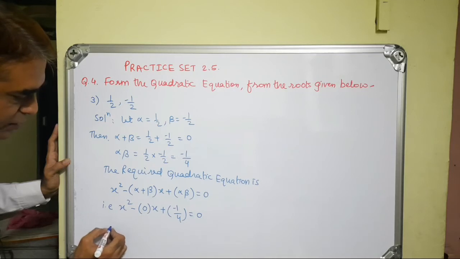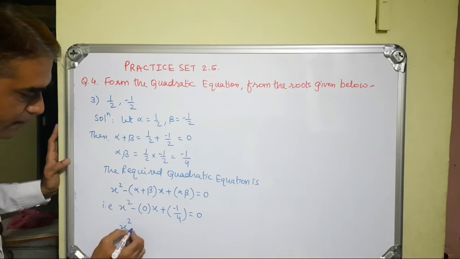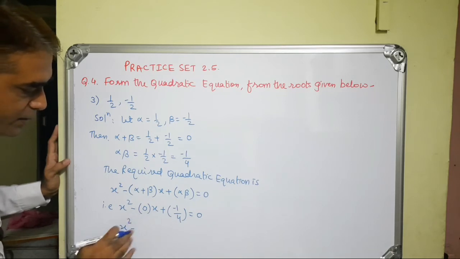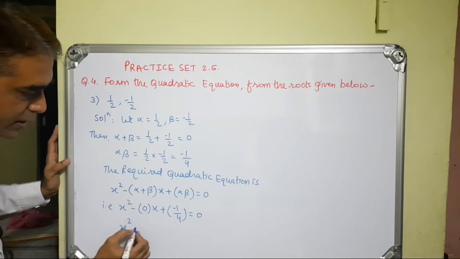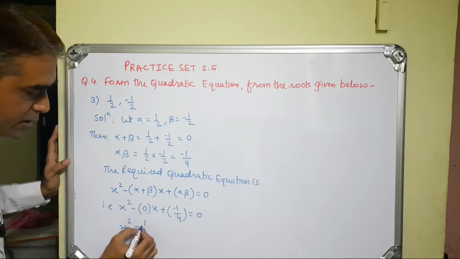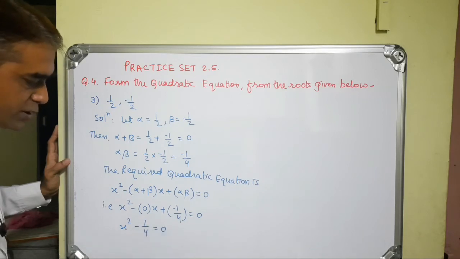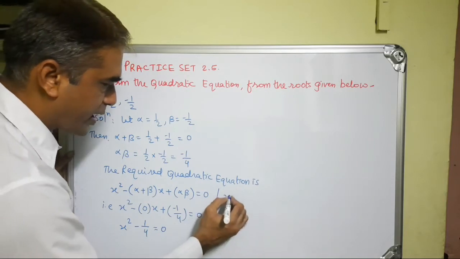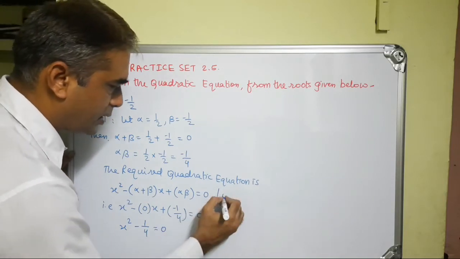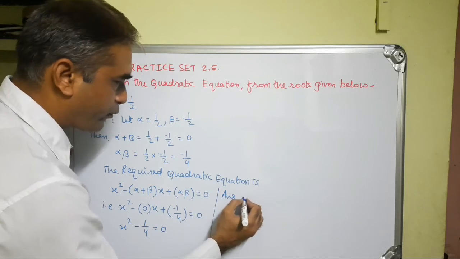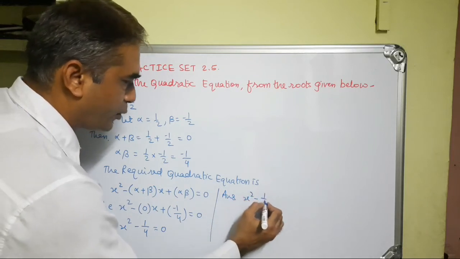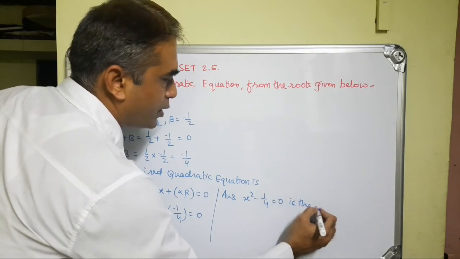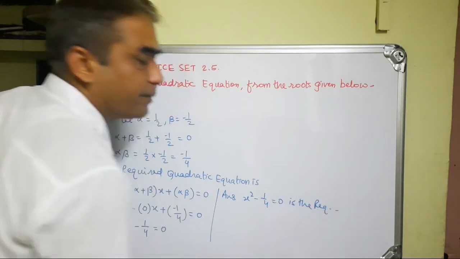Therefore this is x square, 0 into x is 0, so no need to write it, and this will be minus 1 upon 4 equals to 0. So the required quadratic equation is x square minus 1 upon 4 equals to 0.